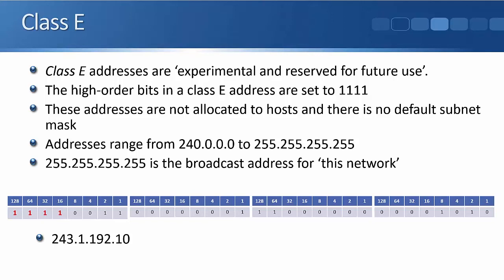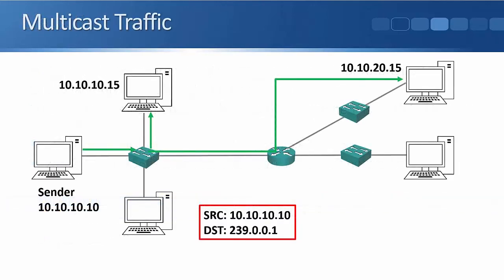There is one special address that is actually used in Class E, which is the broadcast address of 255.255.255.255. That is the broadcast address for this network, meaning whatever network the source is on, it's a broadcast for that network.